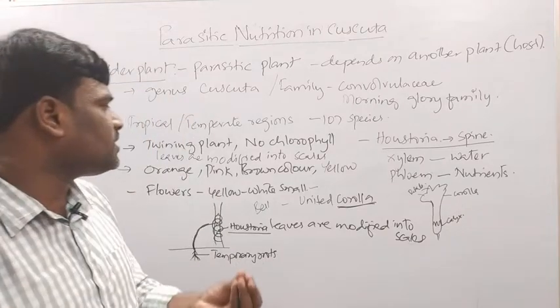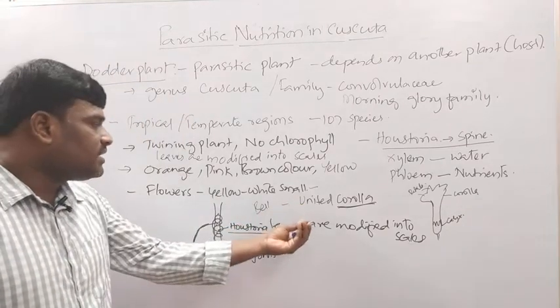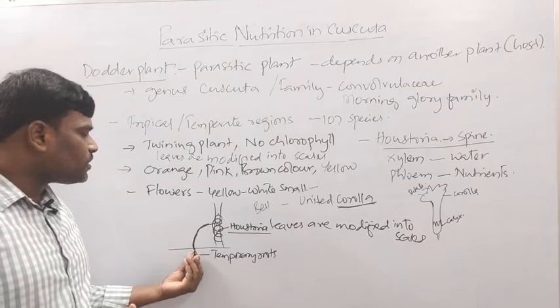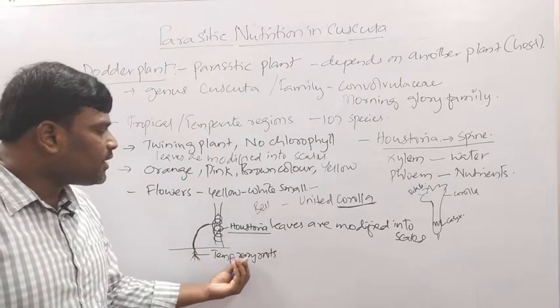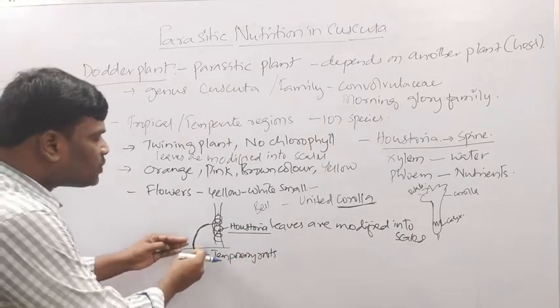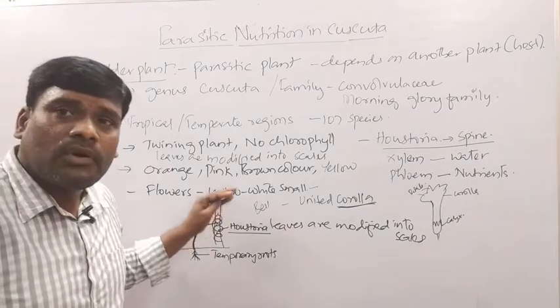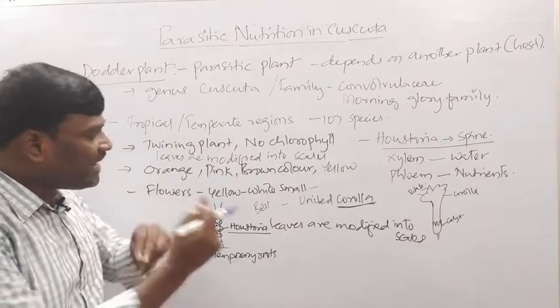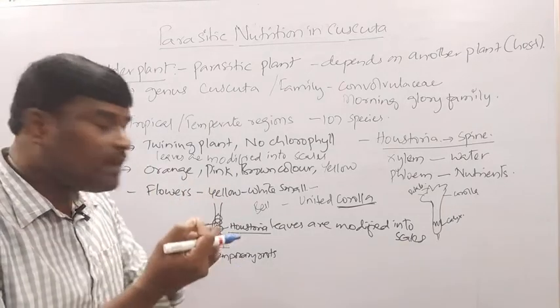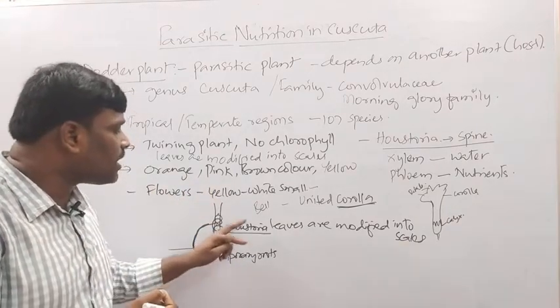They produce seeds, and when the seeds fall on the soil, they produce temporary roots, and this string-like structure moves towards the host plant, and winds up on the host with the help of hook-like structures called haustoria.